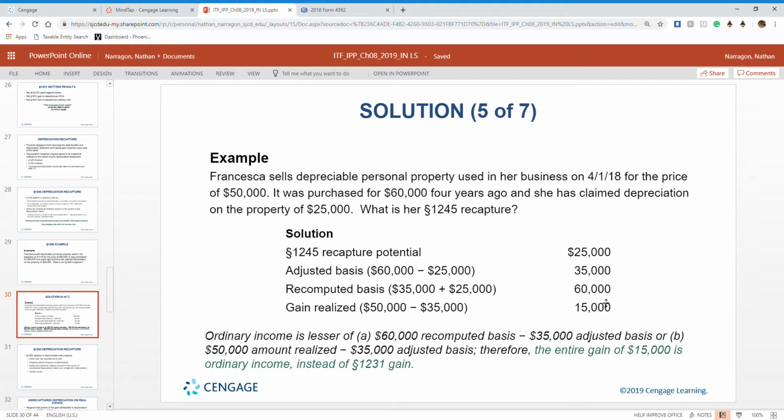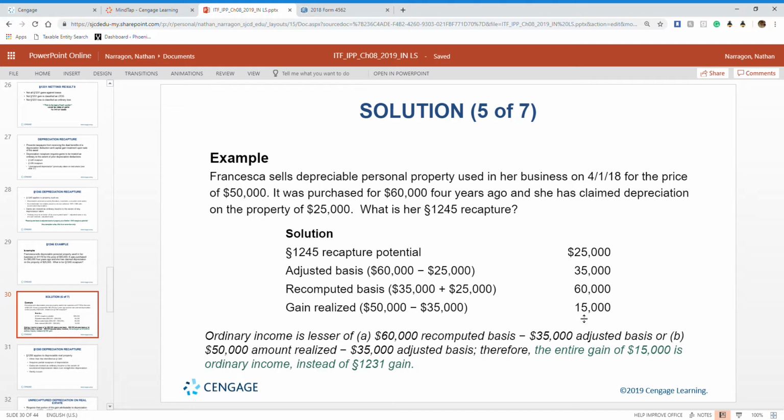And then gain realized is the amount we sold for, so the cash, minus our adjusted basis of 35. So our gain right now is 15,000. If this was negative, that'll be a loss.